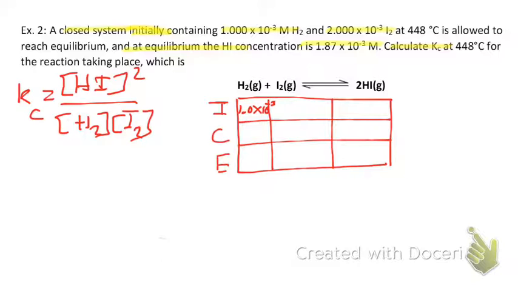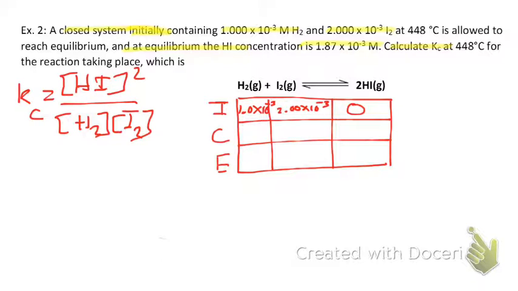And for I2 it's 2.00 times 10 to the minus 3. And for our initial concentration of HI, well, how much product do we originally start with in a reaction? Well, 0. We don't have any product, so it should be a 0 concentration there.